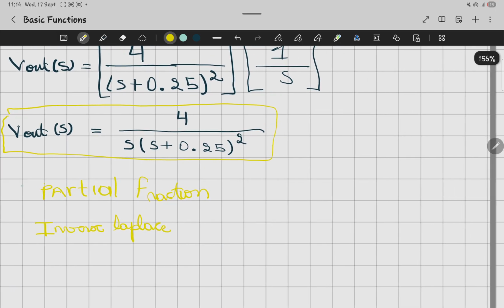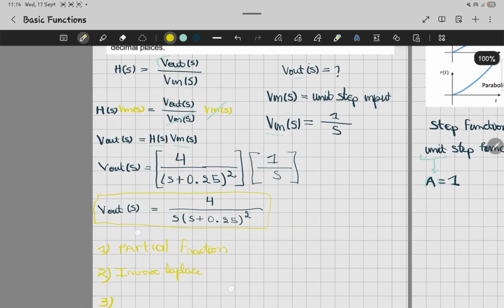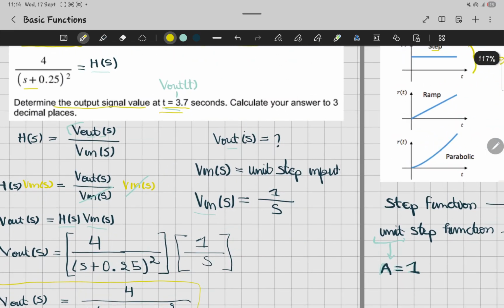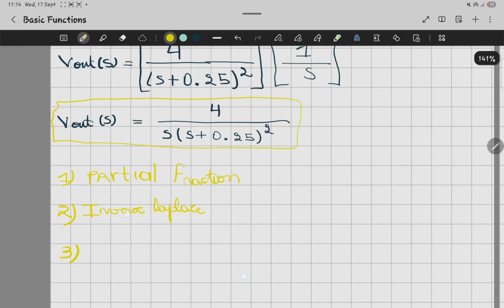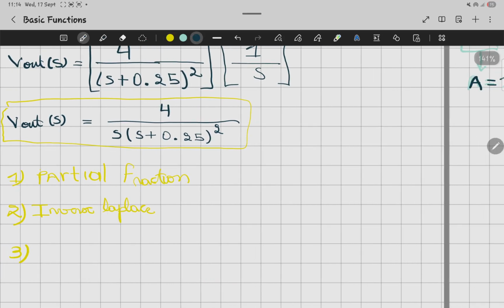This is what you're going to do after this section. Lastly, you replace t, because here is where you get V out of t.